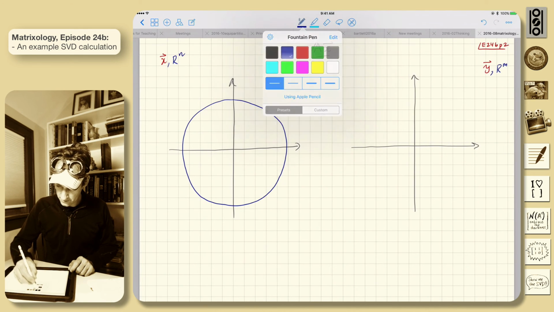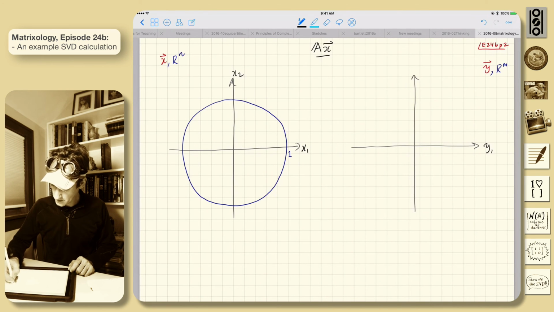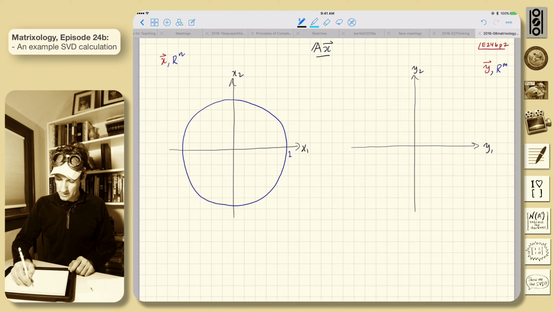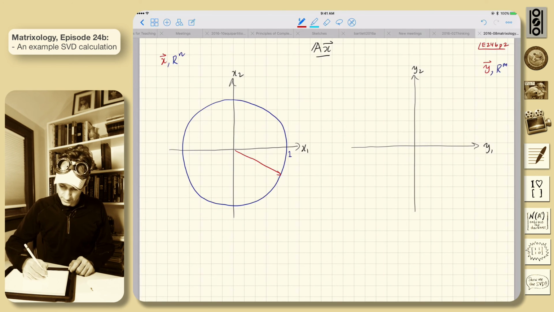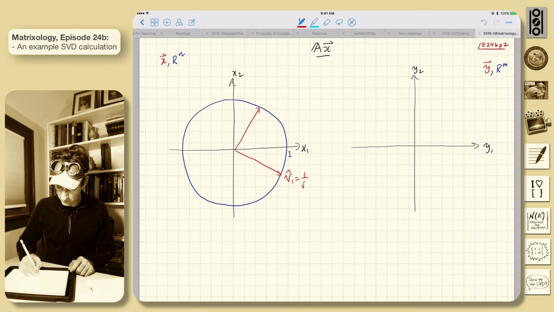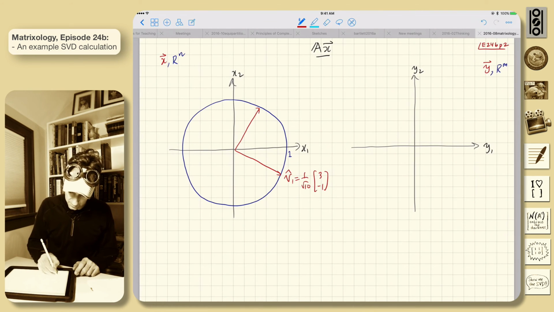All right, this is x1, x2. This is y1, y2. Now we're going to have this character here, and then this one here. So v1 equals 1 over root 10, and then it was 3 minus 1. It's normalized, of course, so it's on the unit circle.